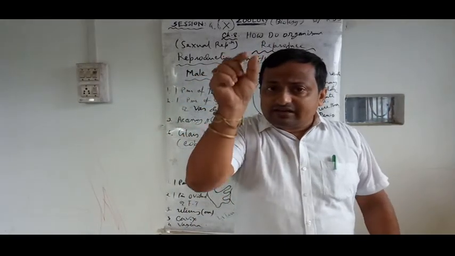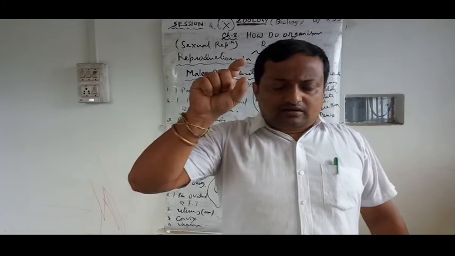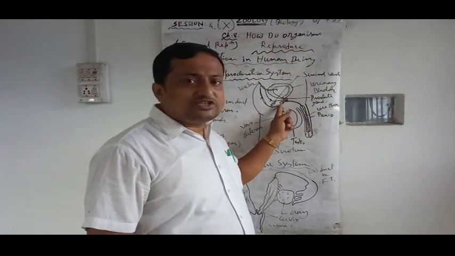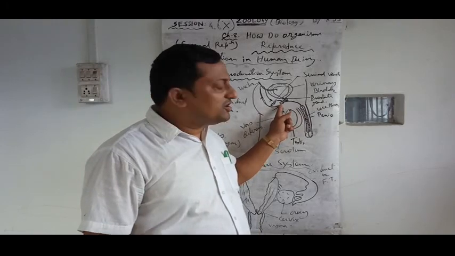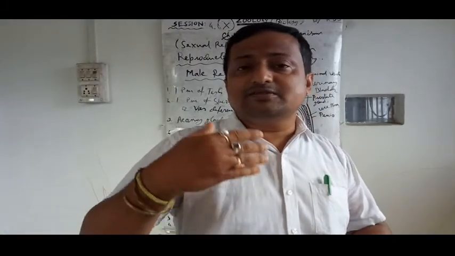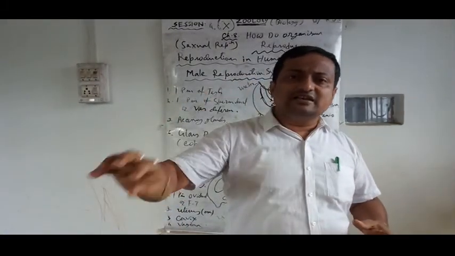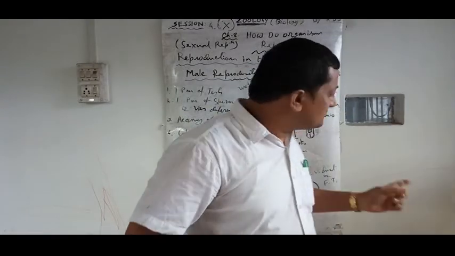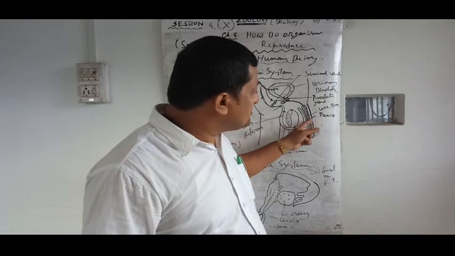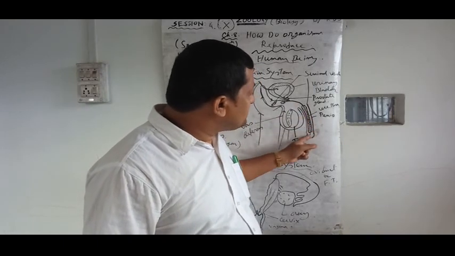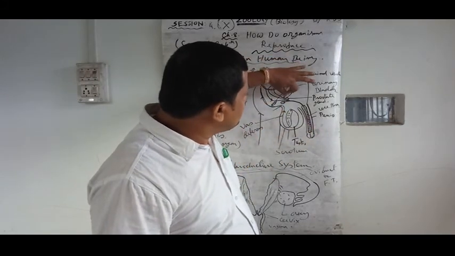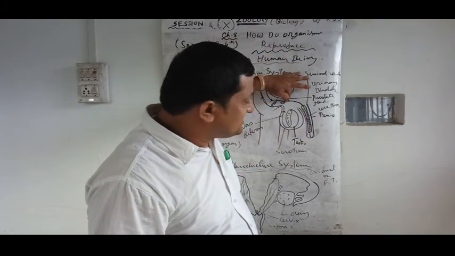From the urinary bladder another small tube, the urethra, joins the vas deferens, because males have a common urogenital system. That means sperm and urine both go out through the same genital tract, the penis, which is the male copulatory organ. That's why the urinary bladder joins this vas deferens.